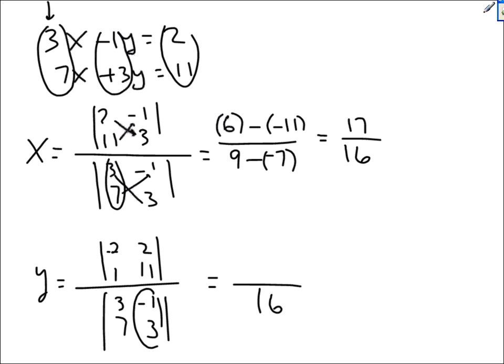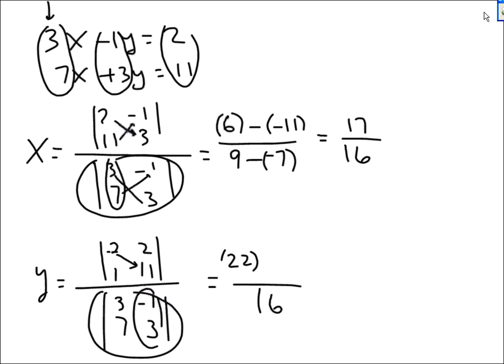It's 16, because if you look, it's the same determinant. The numerator changes: 2 times 11 minus 7 times 2. 8 over 16 is a half. Y equals a half. X equals 17 over 16.